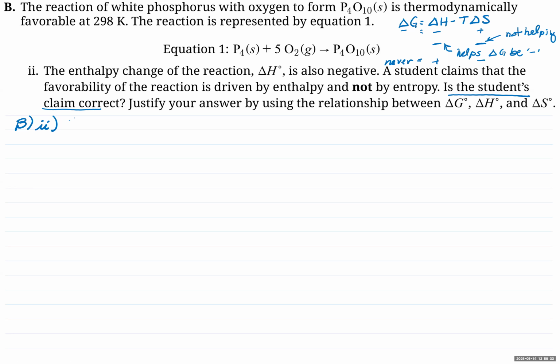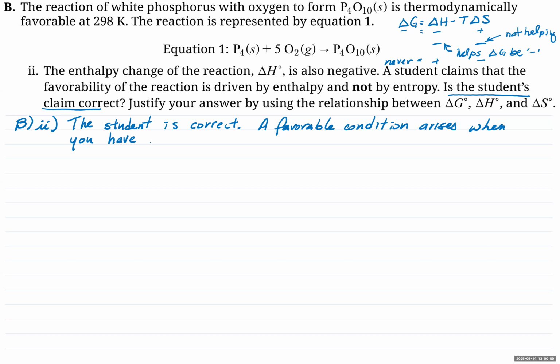So I would say the student is correct, right? You start off with that. And then what do we say? It says justified by relationship between. So I say a favorable condition arises when you have negative delta G or Gibbs free energy, right?